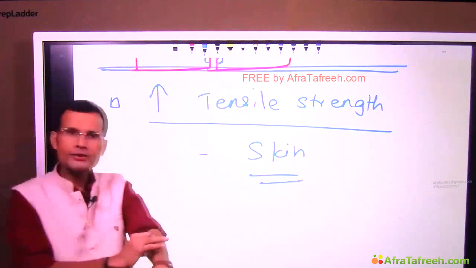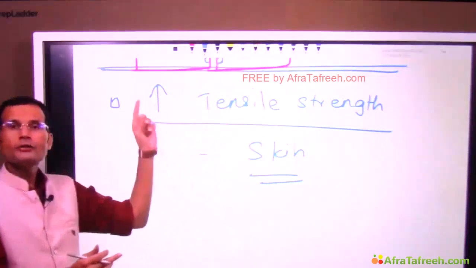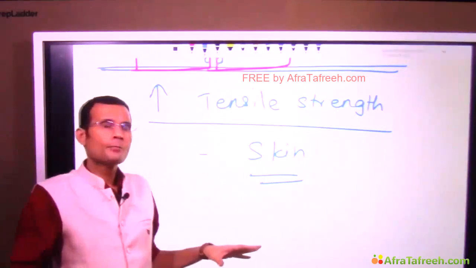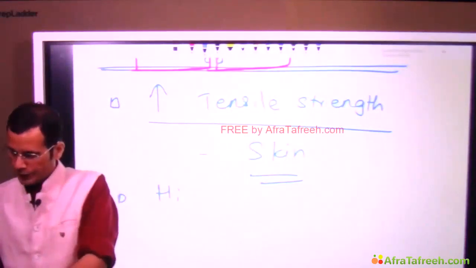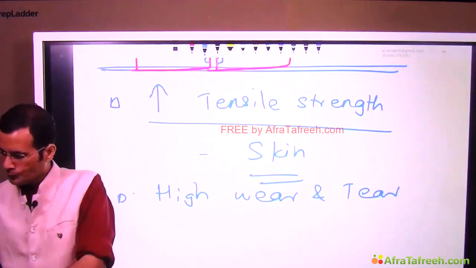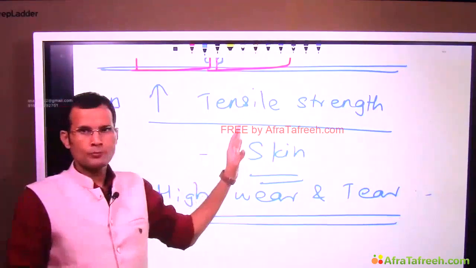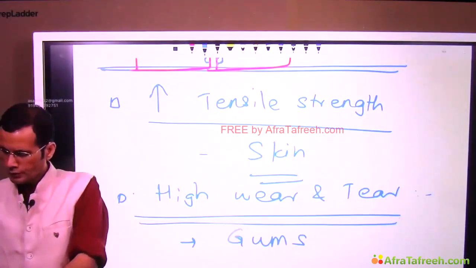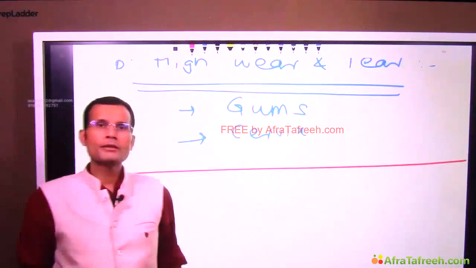Skin has a high tensile strength, and skin epithelial cells will show the desmosomal junctions. Also, these junctions are found where the wear and tear of the tissue is high. If there is a high wear and tear of the tissue, there the cells are junctioned by desmosomes. So, gums, cervix.